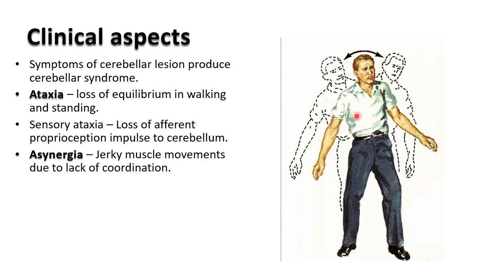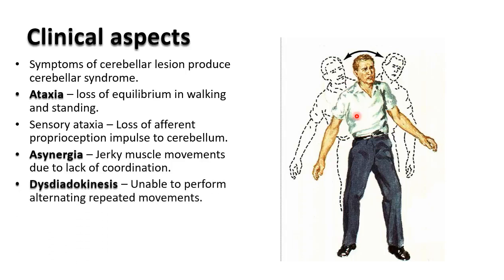When you want to touch the tip of your nose with your finger, the movement will not be coordinated. Your finger, instead of touching the nose, might go this way and that way, with a jerky movement, and you are unable to perform alternating repeated movements.